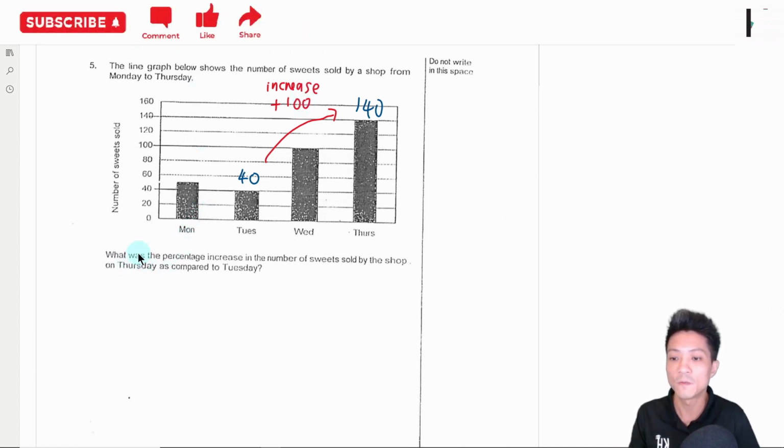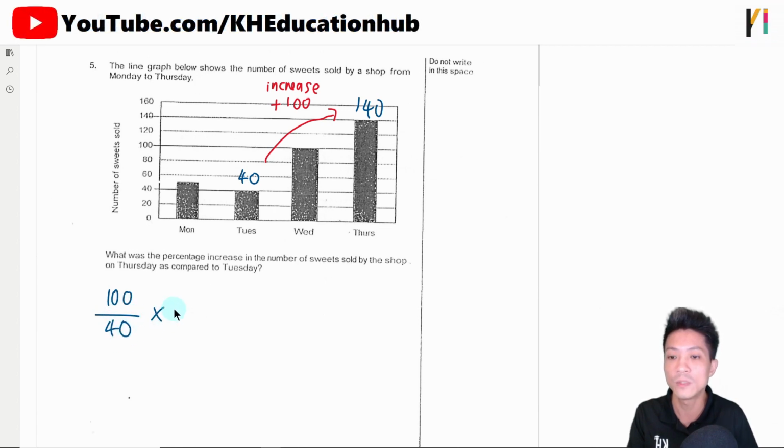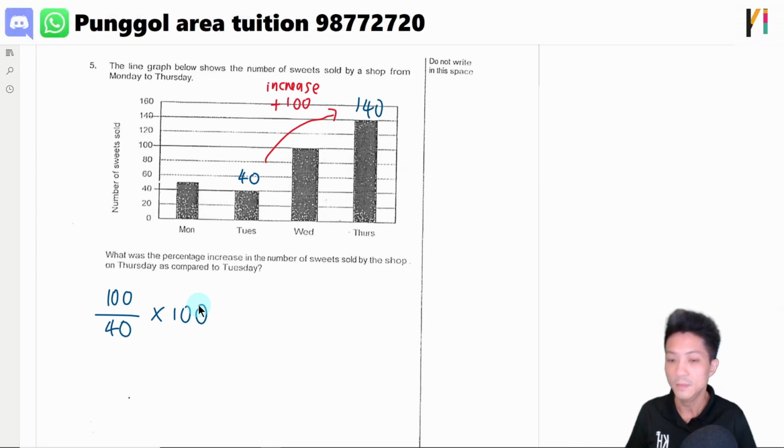Now I need to find the percentage increase, so I'm going to use the increase divided by the original, which is the one on Tuesday, multiplied by 100. This gives me 250%.